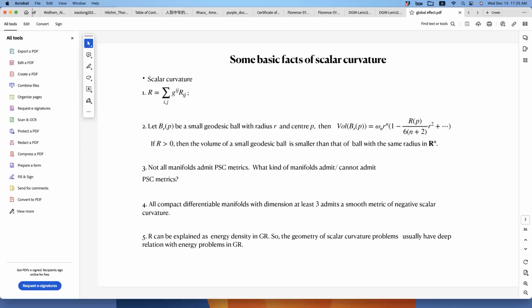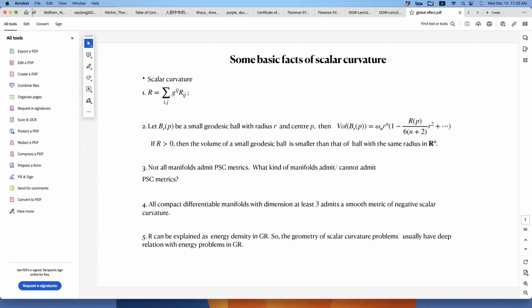For a manifold whose dimension is at least 3, we know that all such manifolds admit a negative scalar curvature metric, while not all manifolds admit a positive scalar curvature metric.